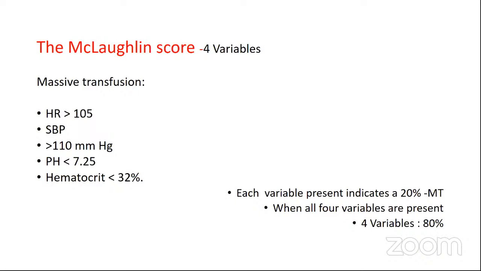If any one of these variables is present, there is a 20% likelihood of getting massive transfusion. If all 4 variables are present, there is an 80% chance of the patient ending up in massive transfusion. So that is the presentation.